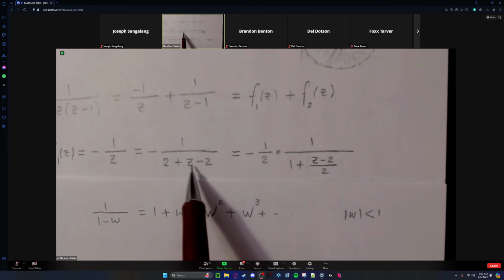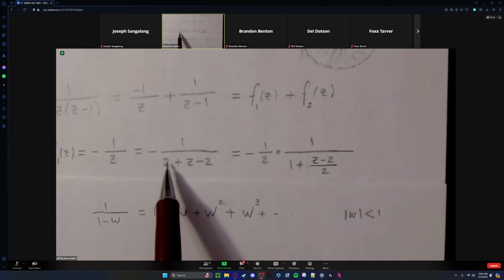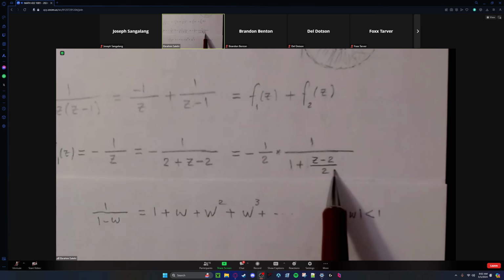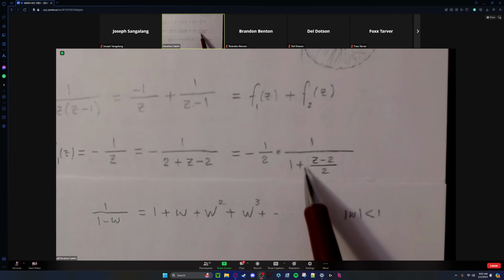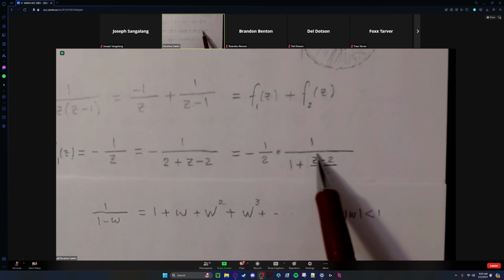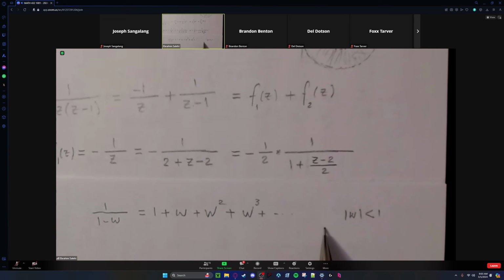So, although I added and subtracted this 2, I want to make this format appear: 1 minus something. Well, just factor 2, and you will get 1. Call this one W. When modulus of this is less than 1, we can use this.